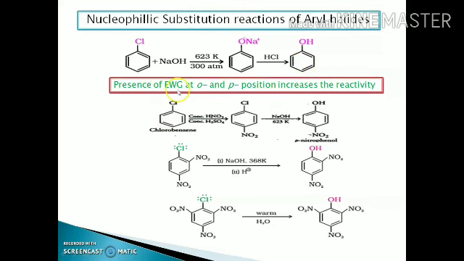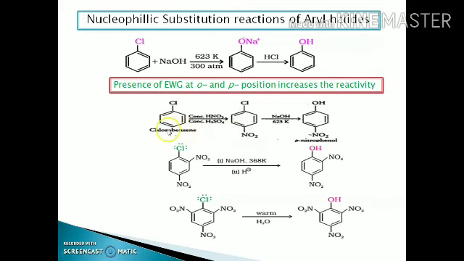But due to the presence of an electron withdrawing group, such as the NO2 group or another halogen group, at the ortho and para position, the reactivity increases.